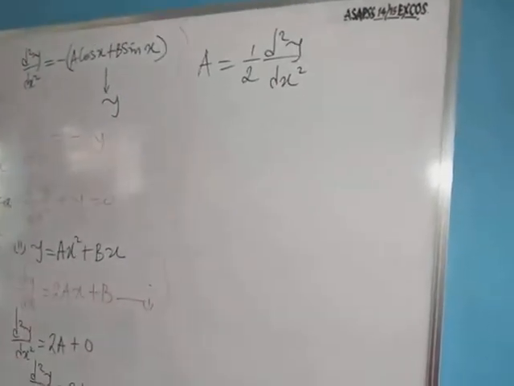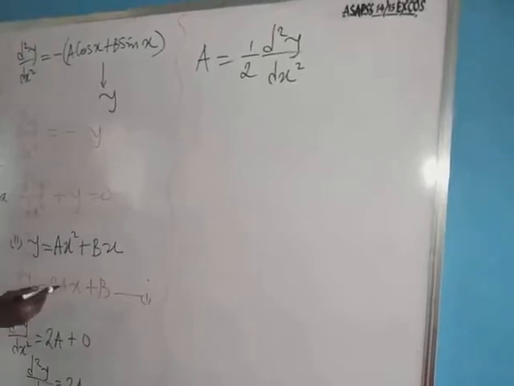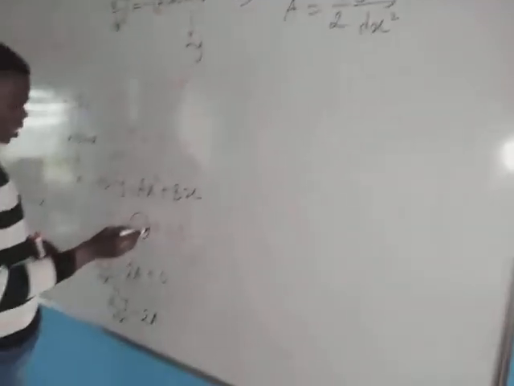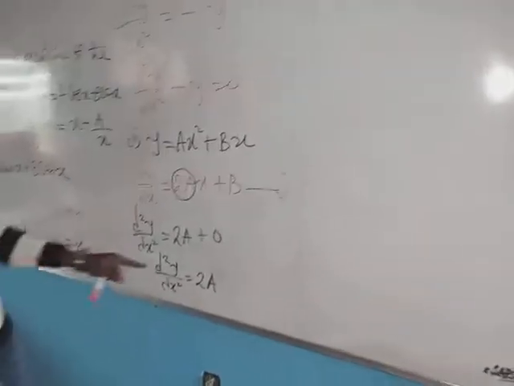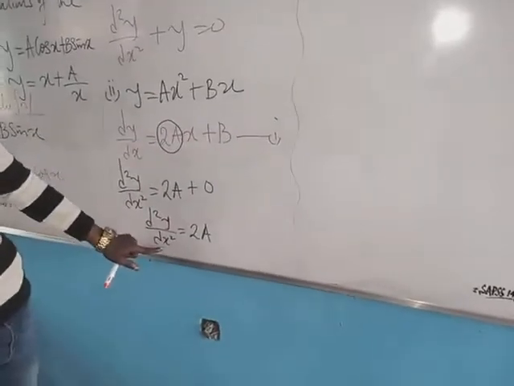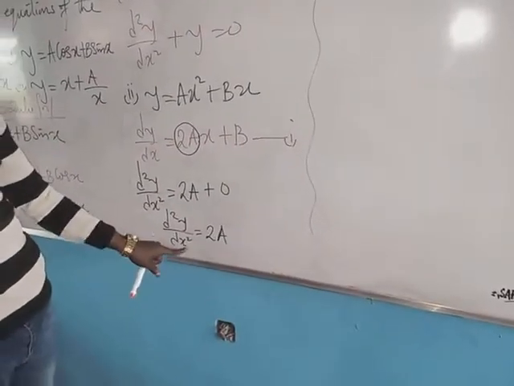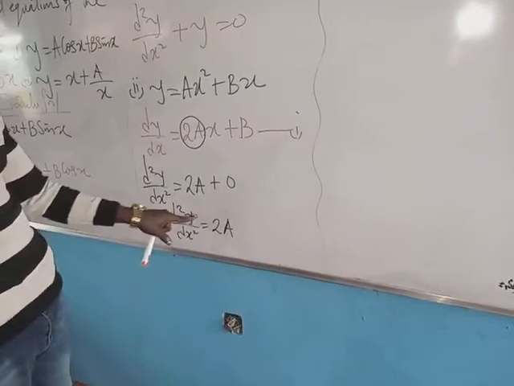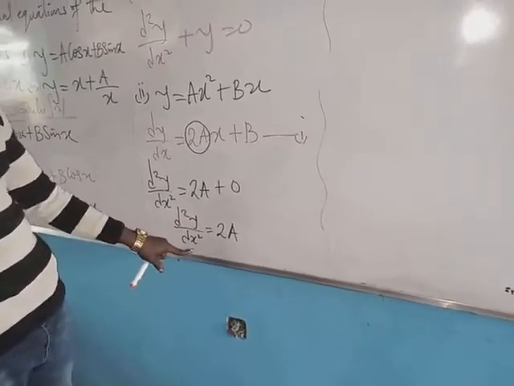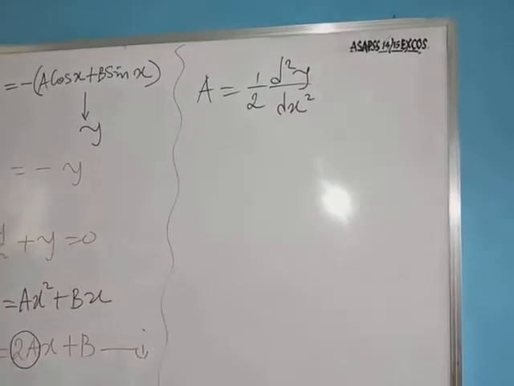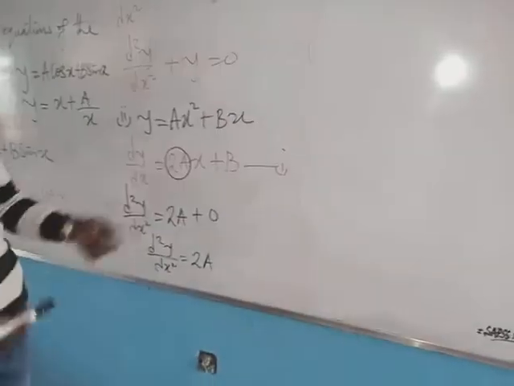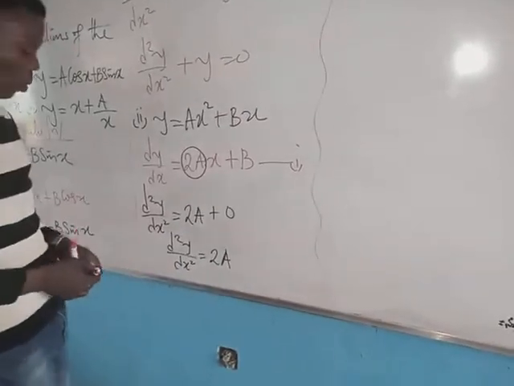And we can just substitute directly 2a for d squared y by dx squared. That is, 2a is d squared y by dx squared, instead of making a directly subject of formula. So whichever way we do it, we are still going to have our answer.